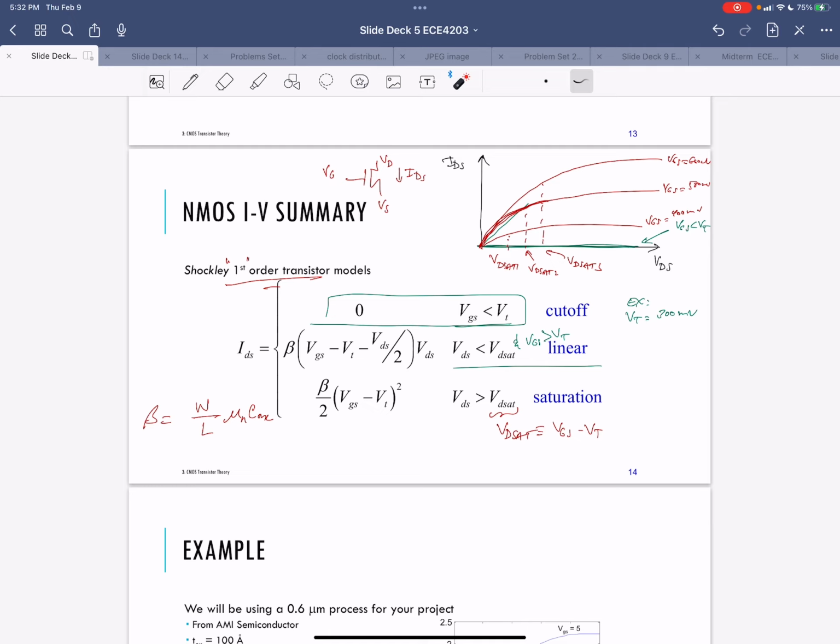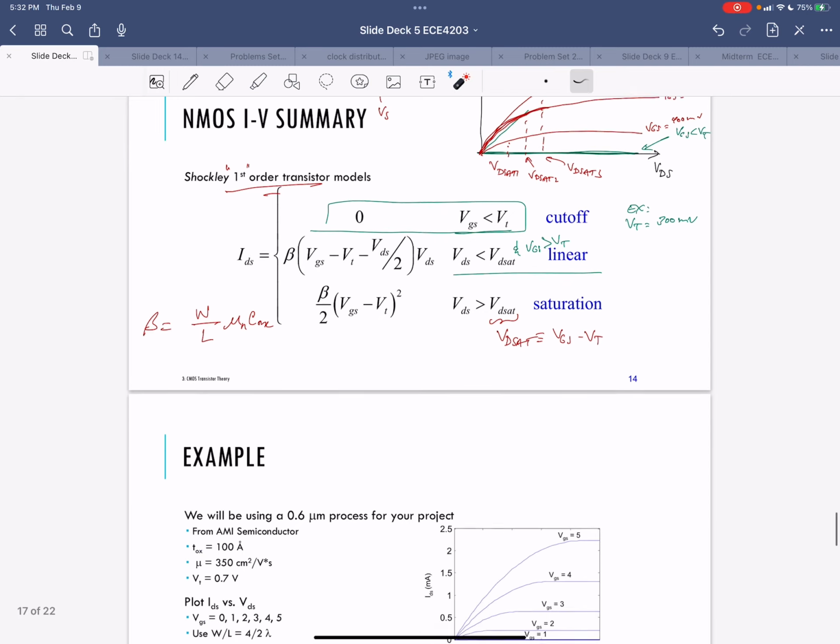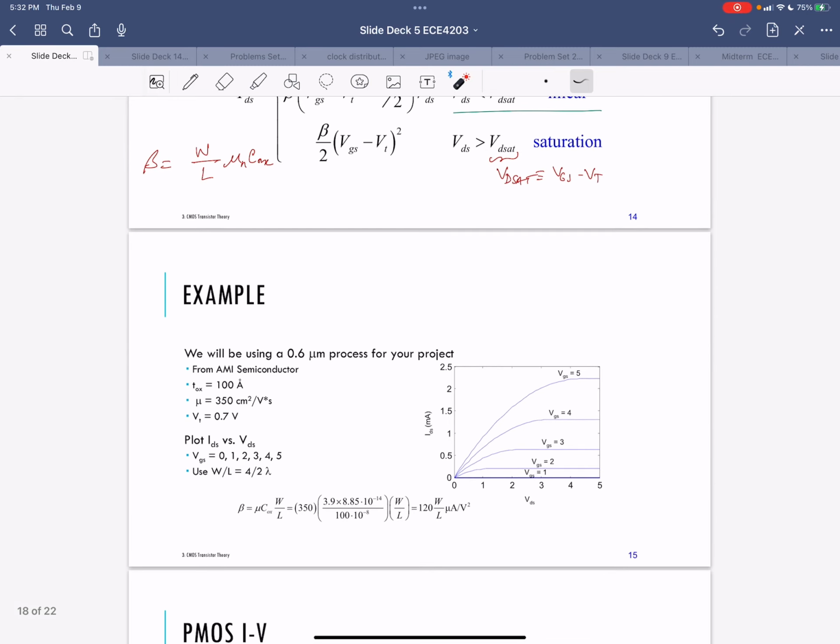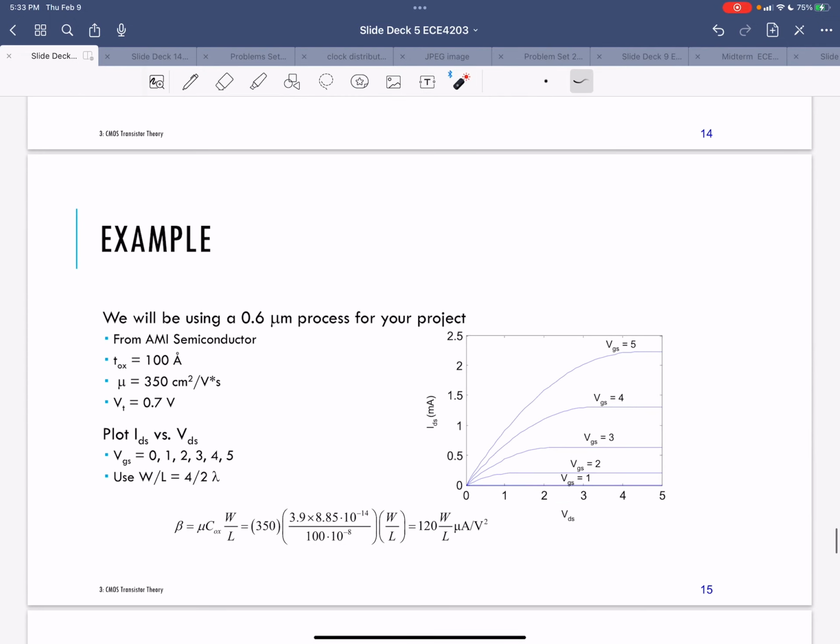As the mobility goes up or the gate capacitance goes up, that depends on the process. You're just sort of stuck with whatever process you're designing in. So really, you want to use the minimum length. You're stuck with these, so the only parameter you have to play with is the width of your transistors. This gives you an example, again in a pretty older process.